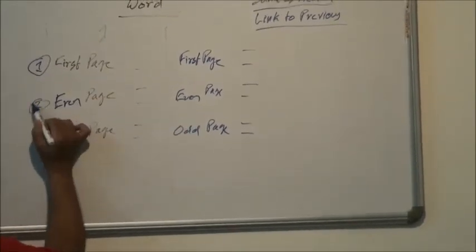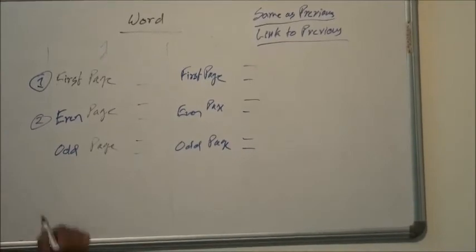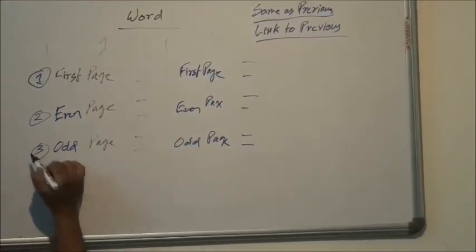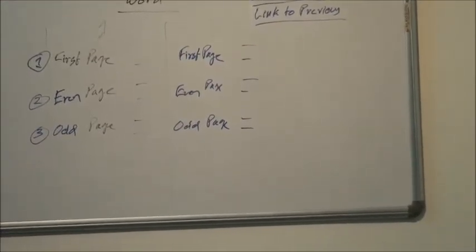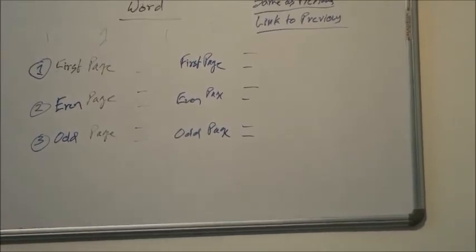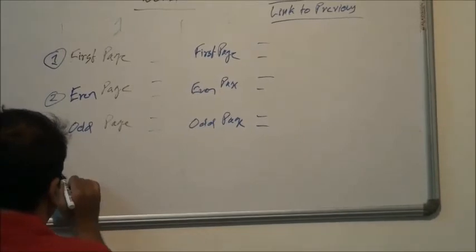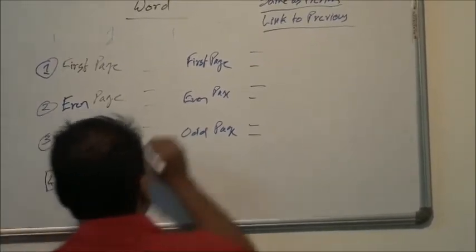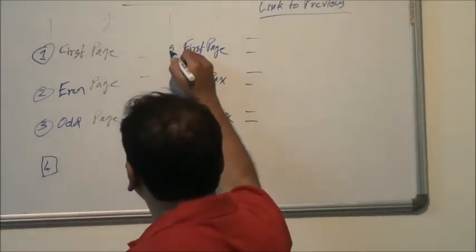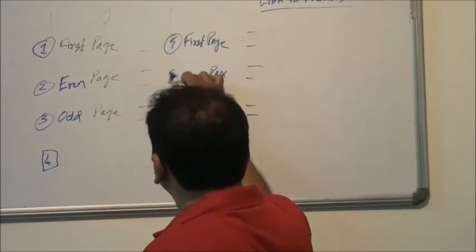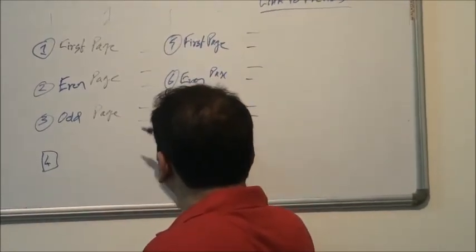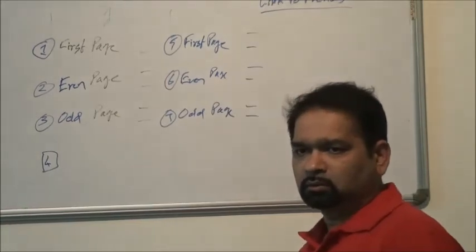Even page will be my page number 2. Odd page will be what? Page number 3. If I am using a forced blank page, that is, if I am using an odd page section break, there will be a forced blank page here which is number 4. Then what is this page? This is 5, 6, 7 and so on.